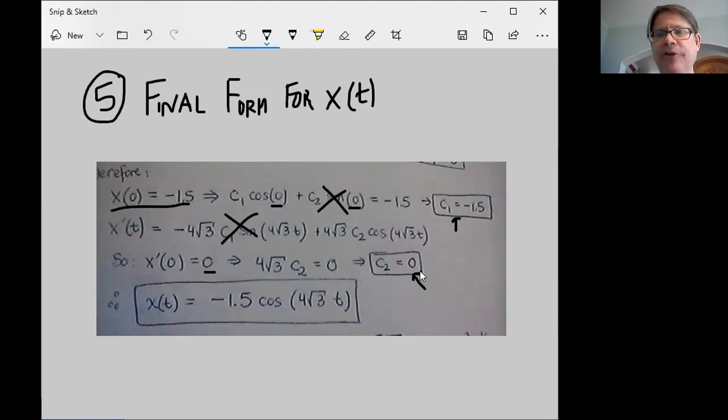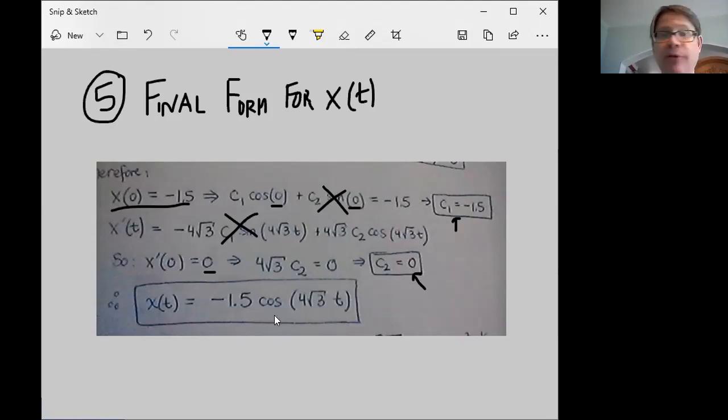In this particular case, though, the sine piece goes away because we're releasing the object from rest. The fact that there was a zero initial velocity dictated that C2 had to be zero. So we're left with only a cosine term.